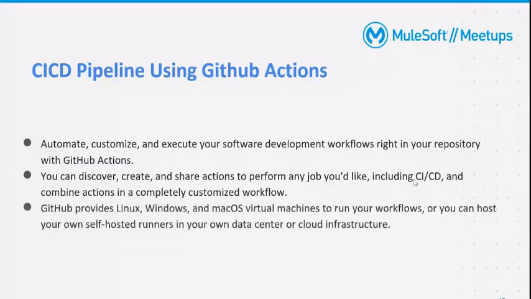This workflow will be running on some runner. You can have your own hosted runner or the runner provided by GitHub Actions. We'll get a runner for Linux, and there will be runners for Windows and macOS. These runners will be responsible for running your complete job, your complete workflow.